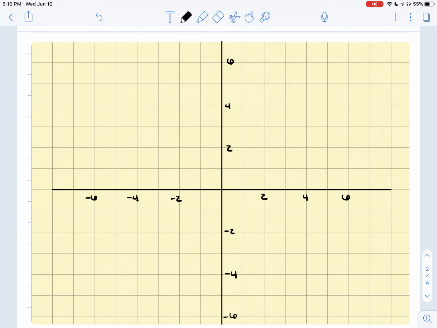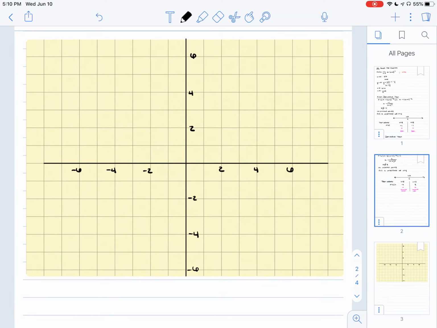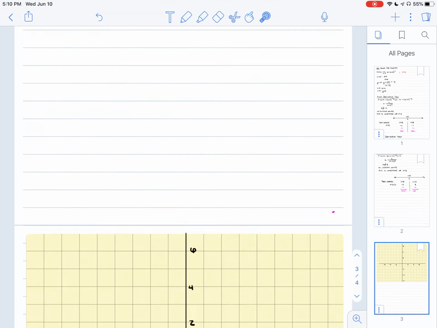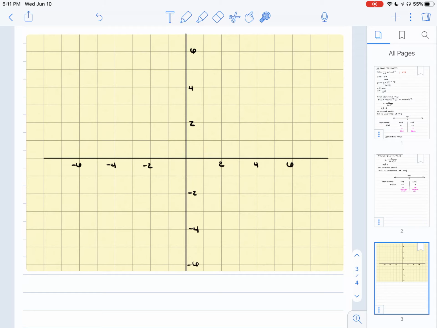All right, so let's try and put everything together here to graph this function. So going back up to what we found in the beginning, we said there were no x-intercepts, but we had a y-intercept at -1/4. We had a vertical asymptote at x equals 4 and a horizontal asymptote at y equals 0. Let's go ahead and add all of that to our graph here.